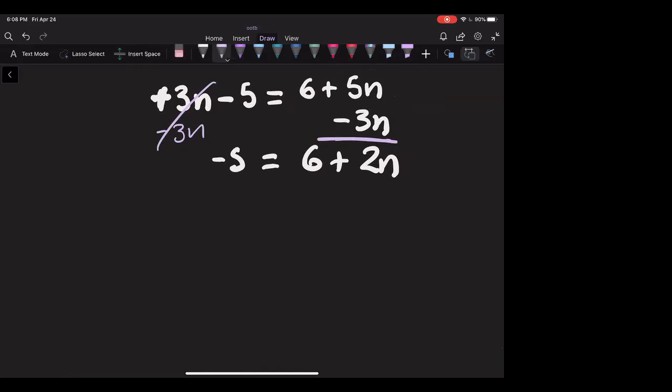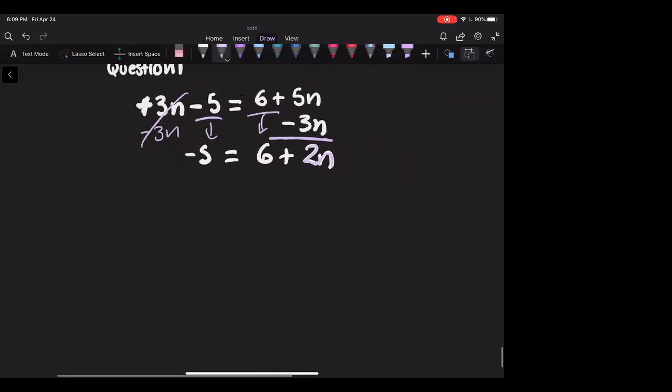Do you get why we're subtracting and not adding? Because we have to do the opposite, exactly. And that gives us 2n. And then after that, we just bring down whatever's left. So we have negative 5 is equal to 6 plus 2n.